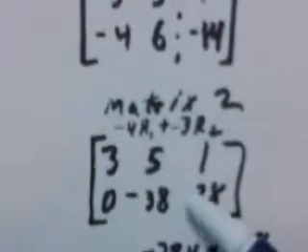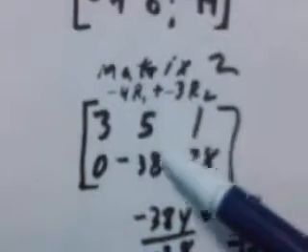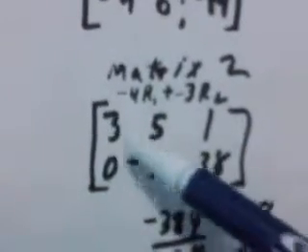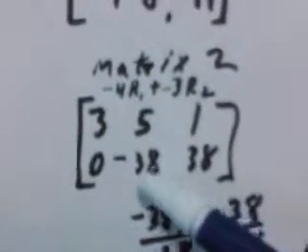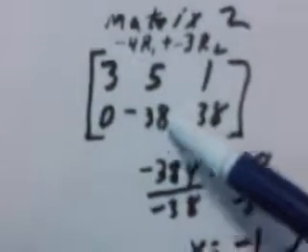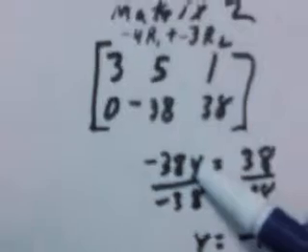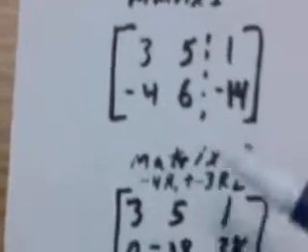But now, the second row, you have to turn it back into an equation. And this column represents y, this column represents x. So the negative 38 would really be negative 38y. So you're using the matrix method because you're using the matrices.